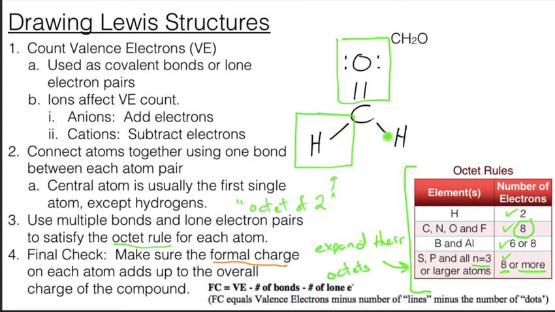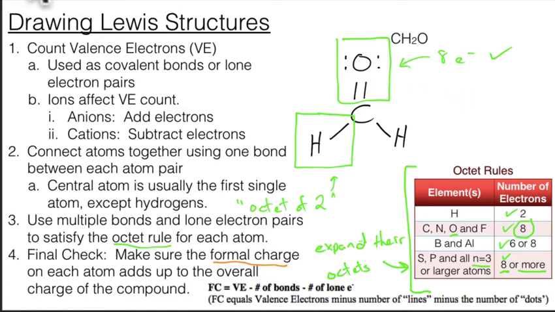And the same thing on this side. This oxygen here, if I count them up, and usually I count them up by 2s, 2, 4, 6, 8. 8 electrons. Its octet is fine, right? Oxygen wants 8 electrons around itself.